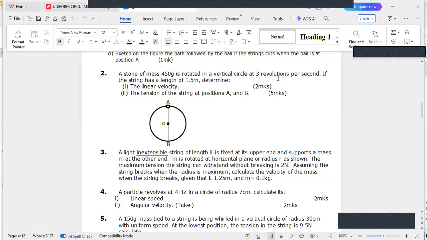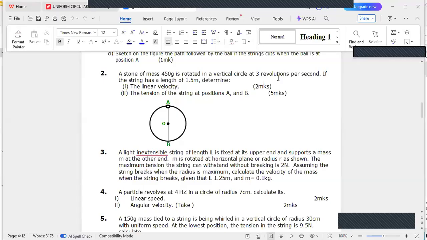So you say angular velocity omega equals 2 pi f. So 2 times pi times 3. 3 revolutions per second is the same as 3 hertz. So 2 times pi times 3 gives us 18.85 radians per second.